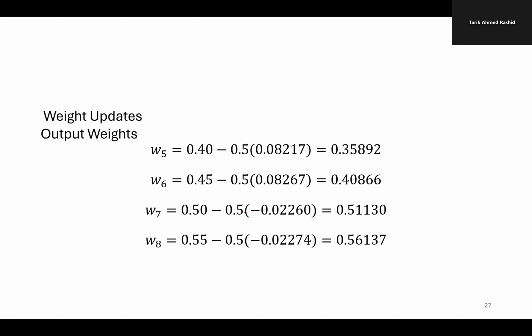And then we will update them. The old weight, minus the learning rate, that's 0.5, multiplied by the change delta E over delta W1. We found it. So that is the new weight. These are the new weights: new weight for 5, 6, 7, 8.